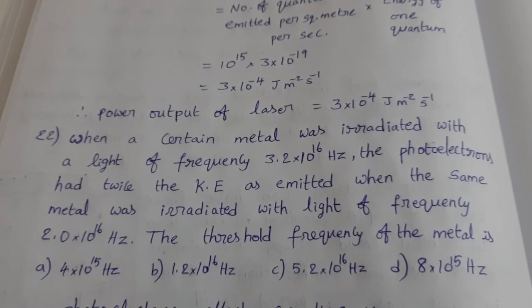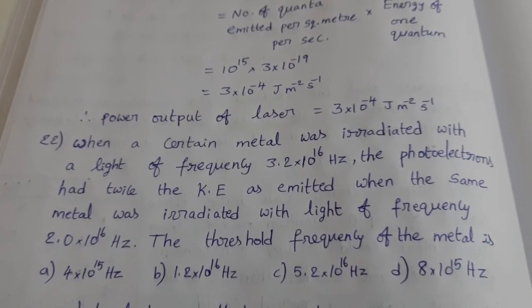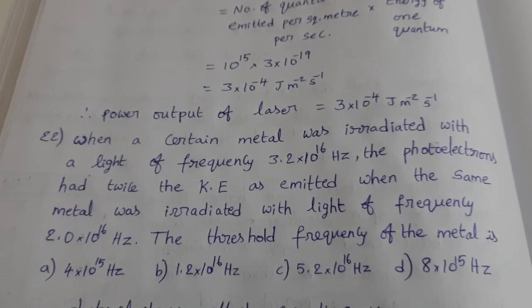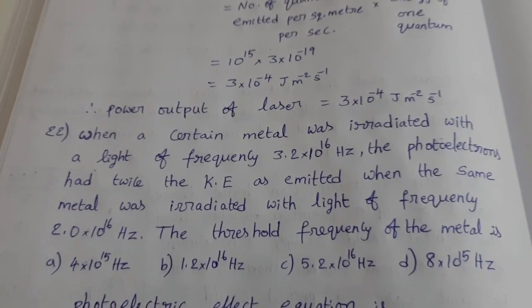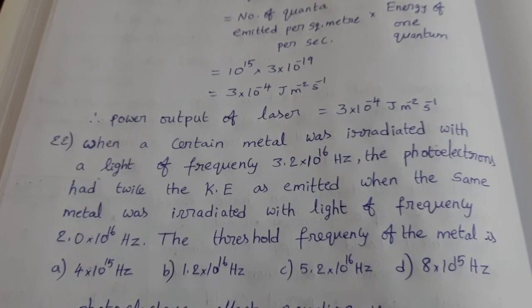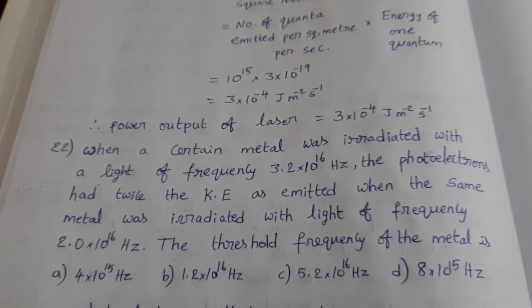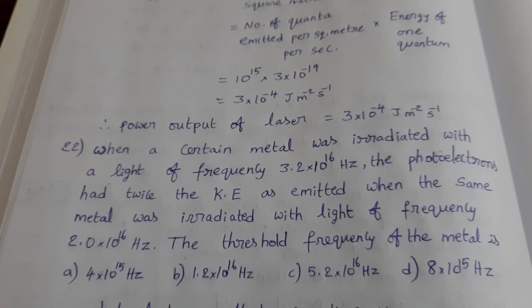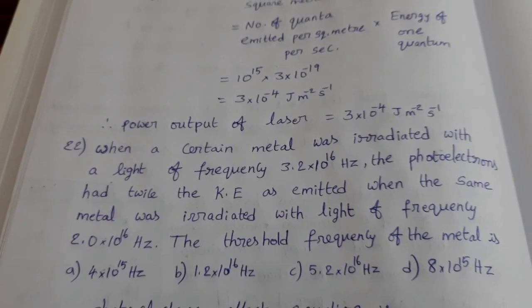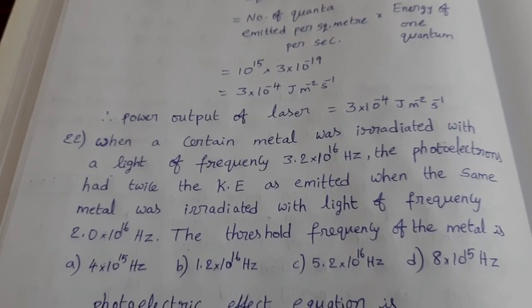In the second case, kinetic energy of the photoelectrons is twice that of the first case. Suppose in first case kinetic energy of photoelectrons be Ke1, then second case Ke2. So relation between these two is Ke2 equal to 2 into Ke1.